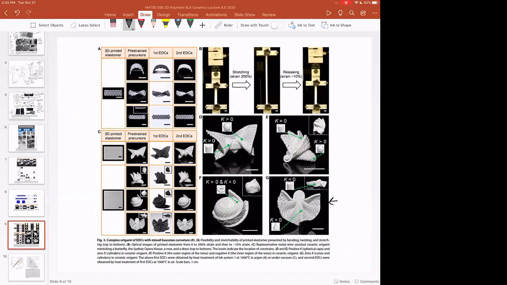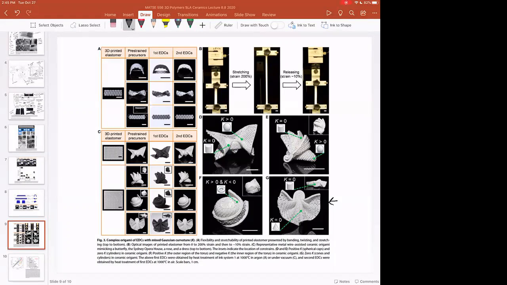So once you have your 3D printed elastomer, you can translate that to a polymer derived ceramic, or as they call it in this paper, an EDC, elastomer derived ceramic, but it's basically the same thing. And then first and second is just whether it's been pyrolyzed in inert environment to get silicon oxycarbide, or then you treat it in air at high temperature and you get back to a silica phase.